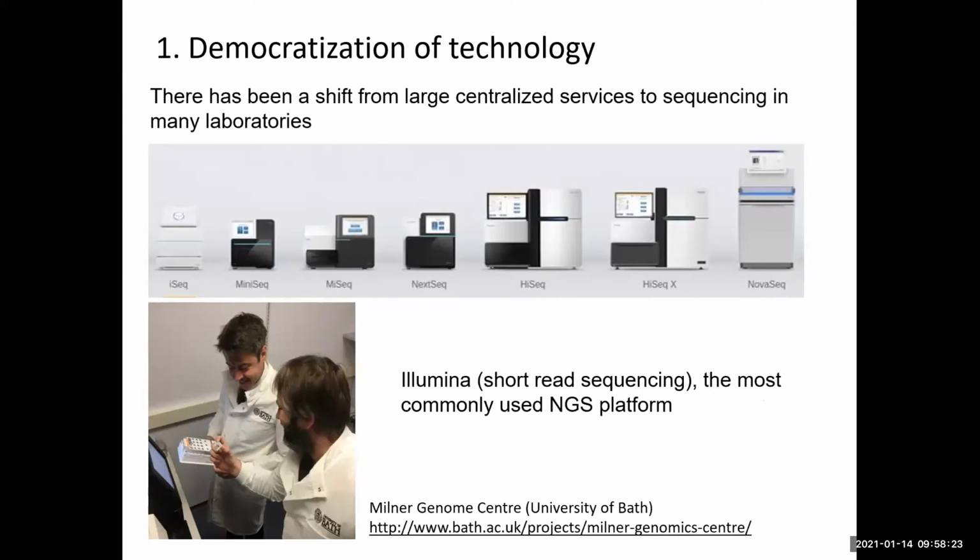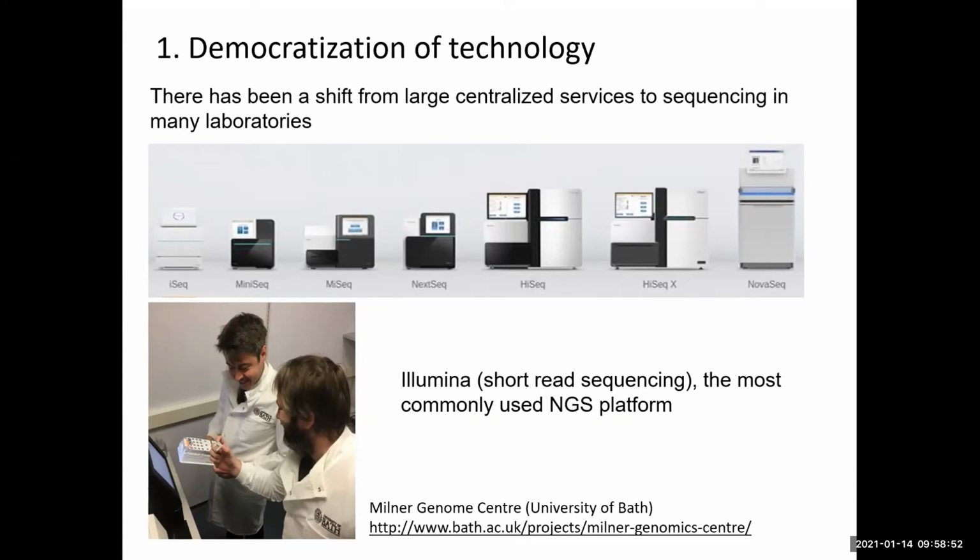One important thing you could consider is a shift from centralized genome sequencing services to sequencing in the community. So when I began sequencing genomes, 15 or so years ago, most of my sequencing would have been done in a large specialist central laboratory, okay? And I would send my DNA and I would receive my sequences back.